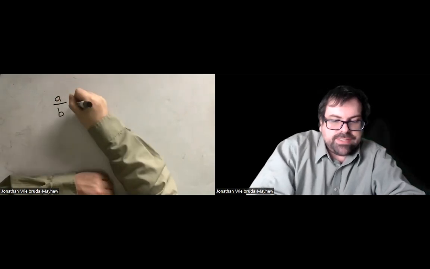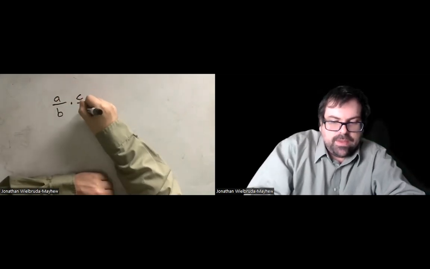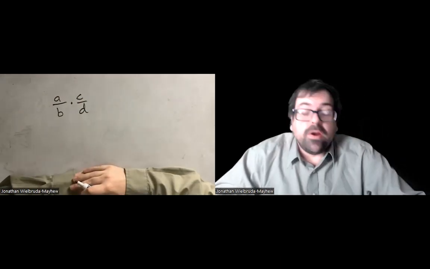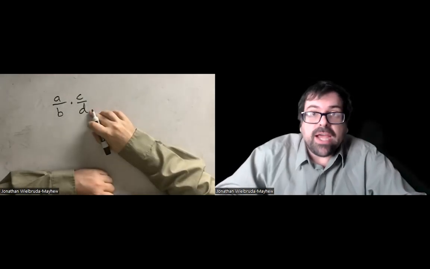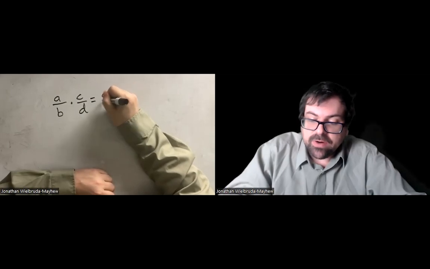Multiplying fractions. It's very straightforward. If we have one fraction a over b, another fraction c over d, we multiply straight across the top and straight across the bottom.